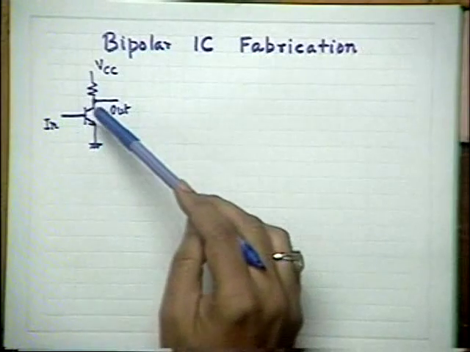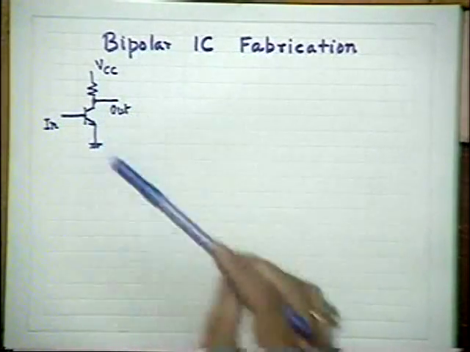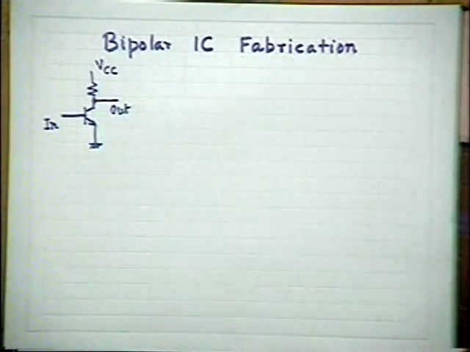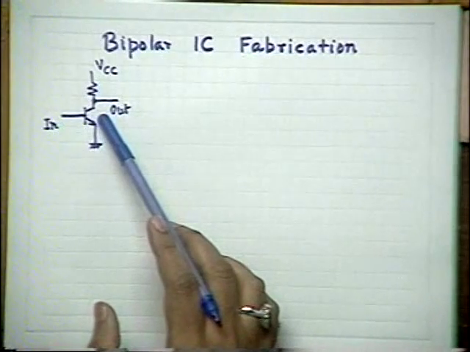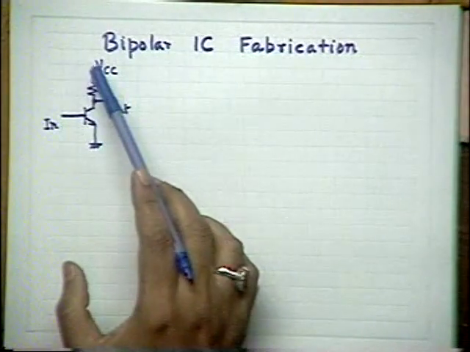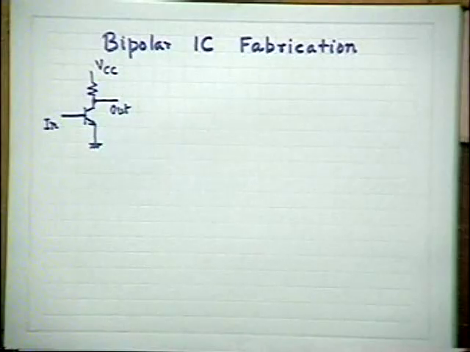Under saturation, the voltage across the transistor becomes quite low, whereas when the transistor is off, the voltage swings up to Vcc. That's the basic transistor switch. So if we understand how this switch is fabricated, then you know how the entire bipolar circuit is fabricated.